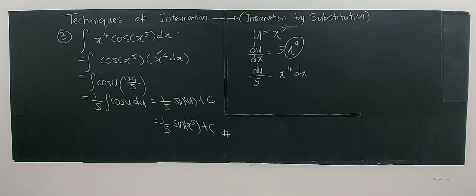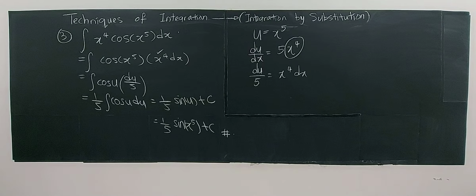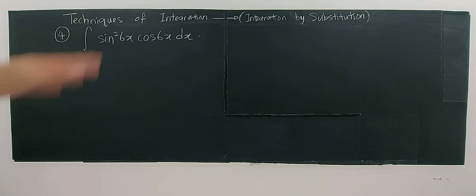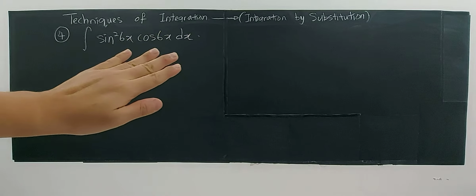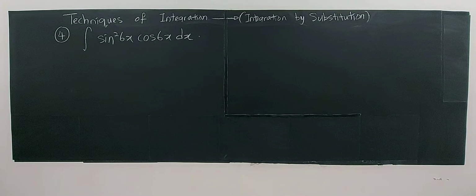Okay, let's move on with more examples so that you know the way of solving integration using the technique of substitution. Try to observe this and start choosing the right substitution function, a u, to help you integrate something like this.